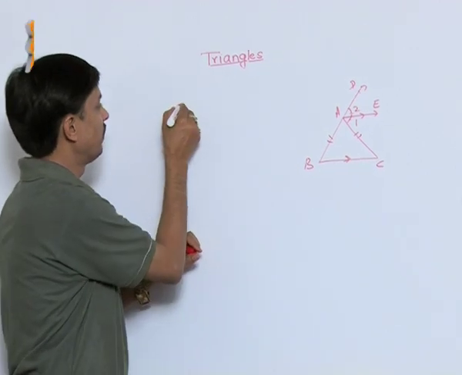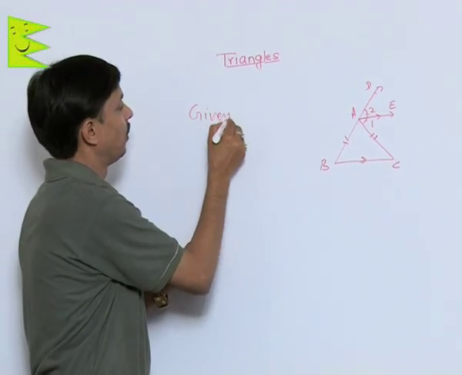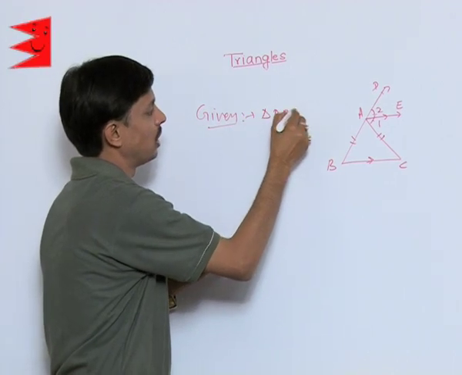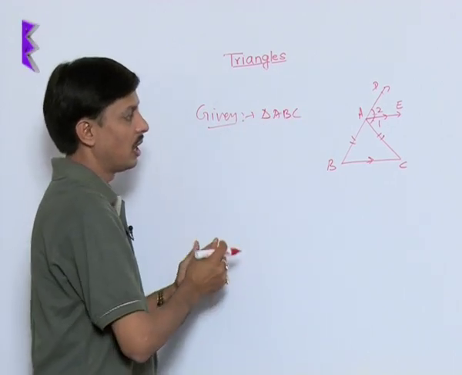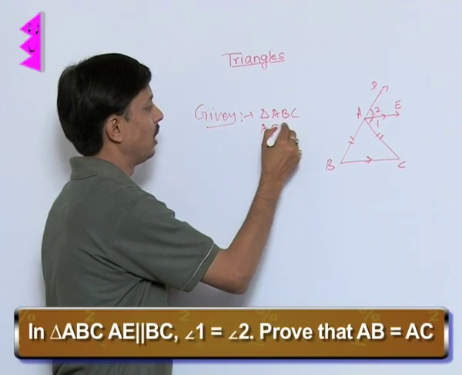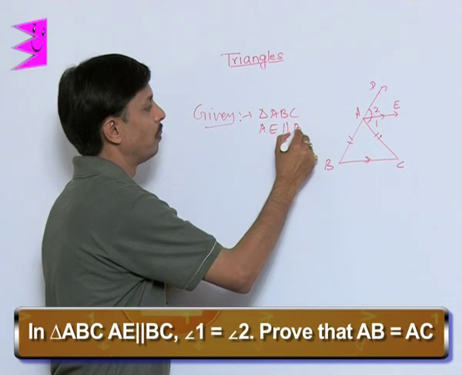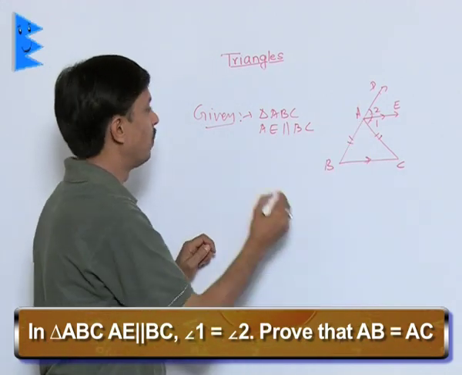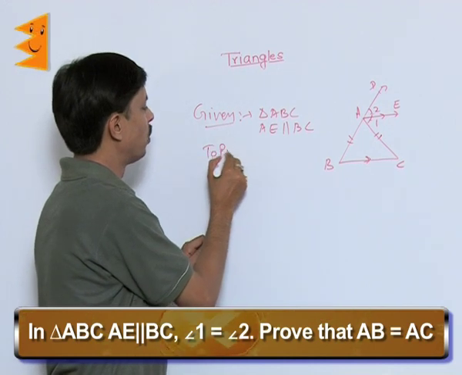What's given here? In triangle ABC, AE is parallel to BC. Because this is given, AE is parallel to BC. What do we need to prove?